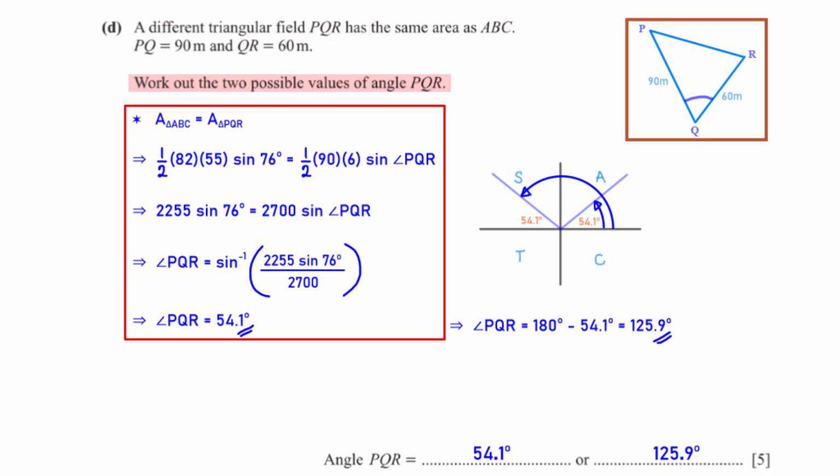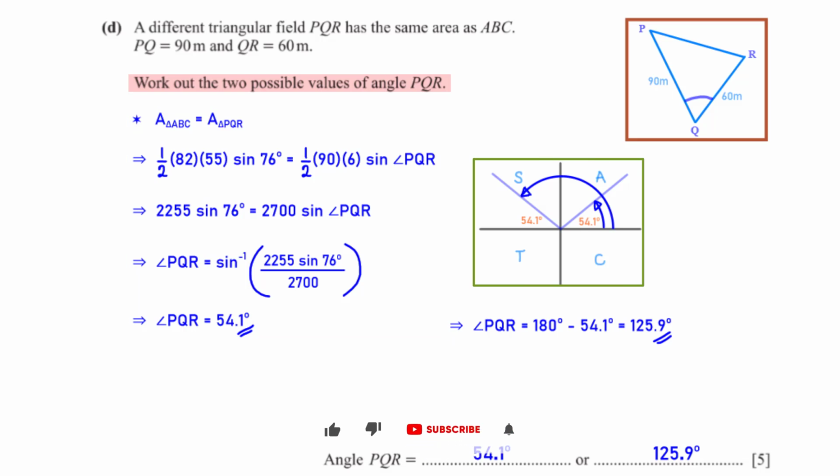To get the second possible value of angle PQR, we use the quadrant and we measure 54.1 degrees from the horizontal axis in the quadrant where sine is positive. From this, we see that the second possible value of angle PQR is 180 degrees minus 54.1 degrees, which is equal to 125.9 degrees.